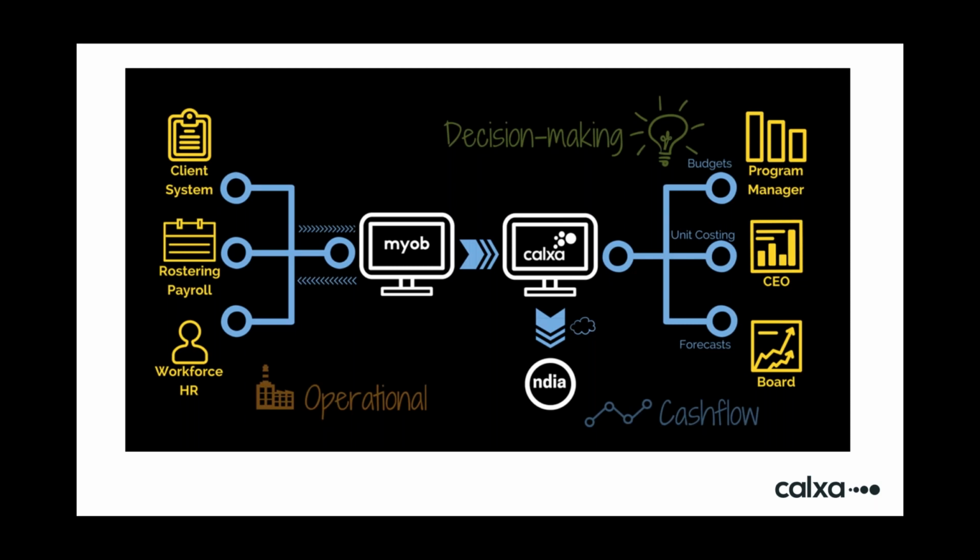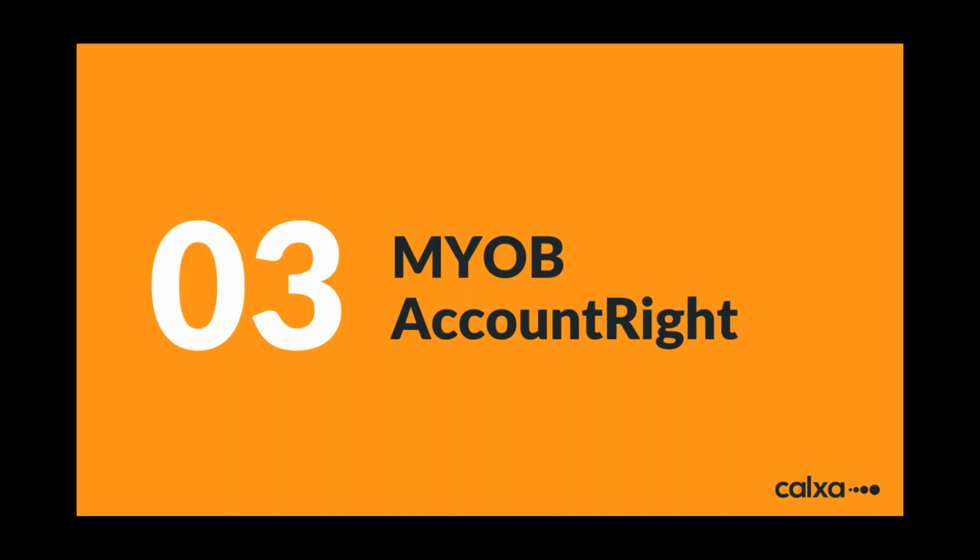The accounting system's designed to do that, but is it going to give you the right management information as well? So those are the things to think about, and look at the system as a whole, look at your organization as a whole when you're thinking about the accounting system, because it is a key part of where the information flows in your organization.